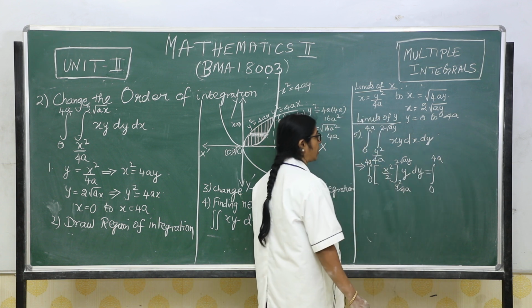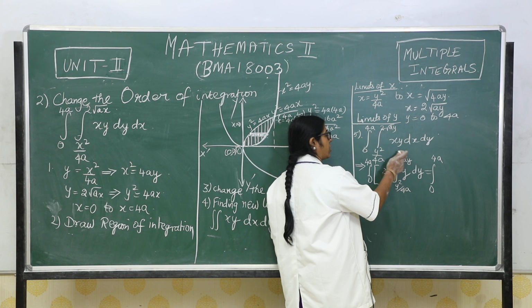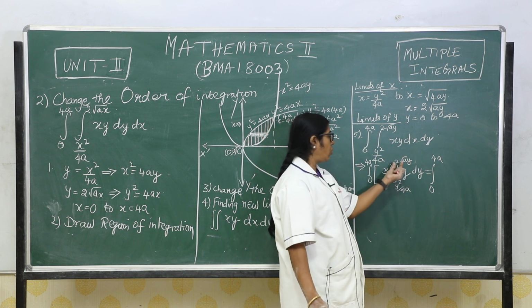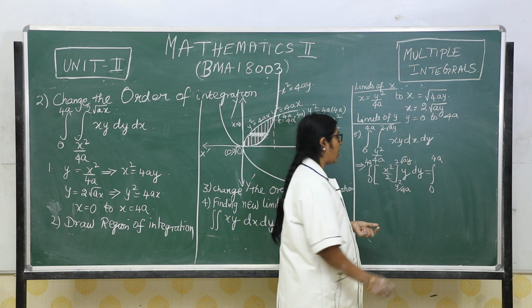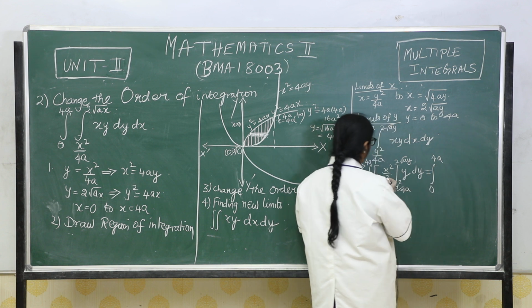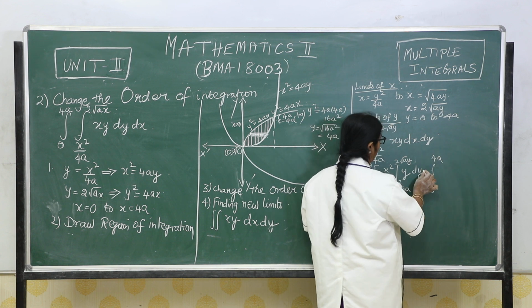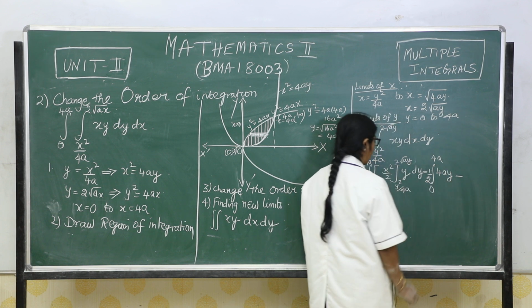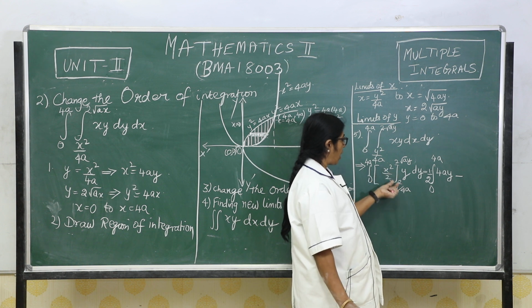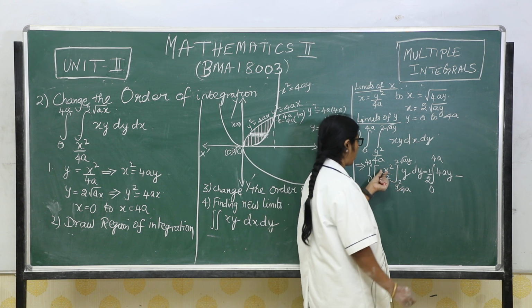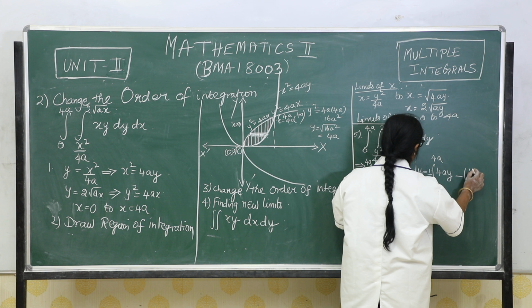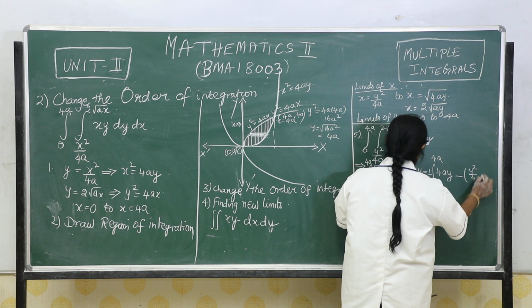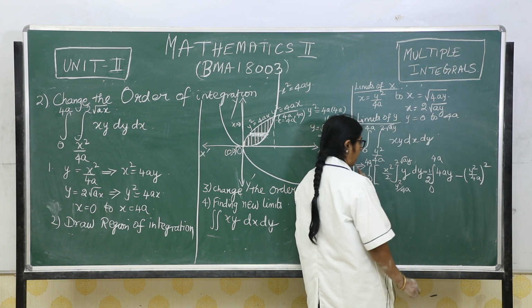I am going to substitute the upper limit and the lower limit. When you substitute the upper limit 2 root ay the whole squared, 1 by 2 can be taken outside. So, I will get 4ay minus, when I am substituting the lower limit, instead of x squared, what do I get? y squared by 4a the whole squared. 1 by 2 already taken out.